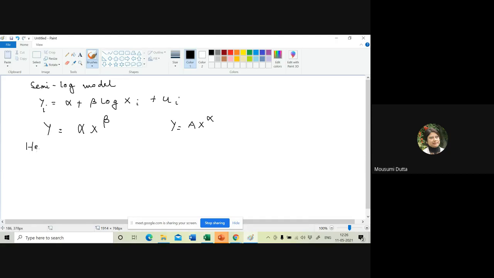So here we may consider a multiplicative error. This implies y we can present as, we are randomizing it. Okay, so we are doing this.